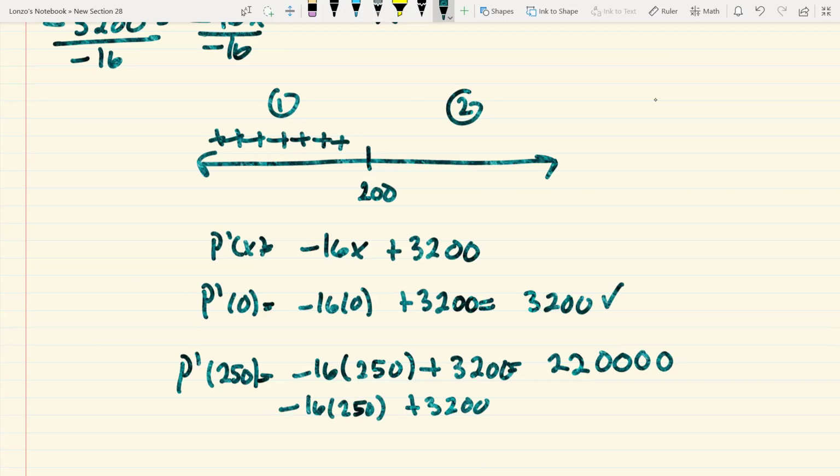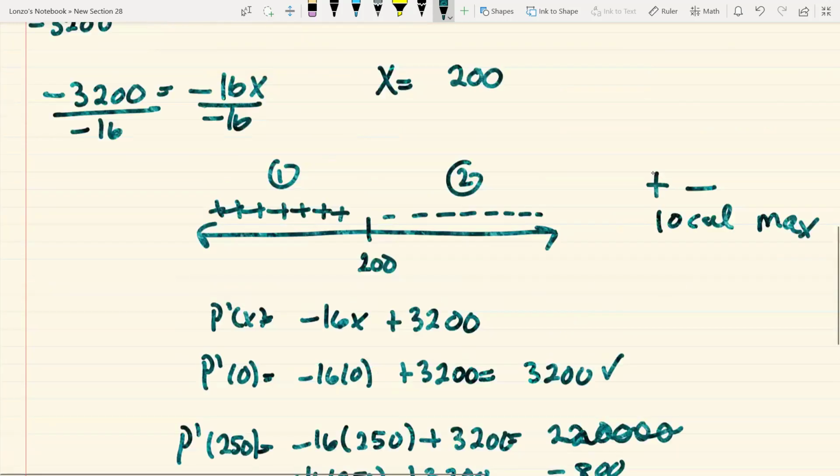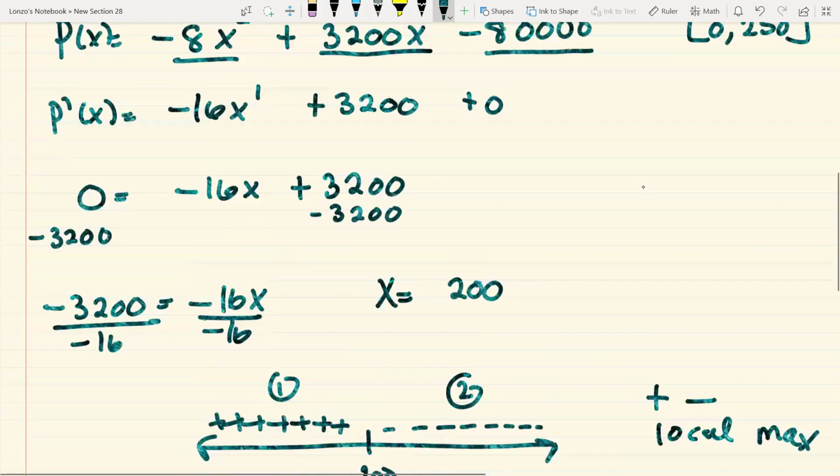There we go. You do not get all that, you get negative 800. So it's a minus. So if you look at your sign chart, we go from a positive to a minus, which just proves that this is a local max. Okay, so this proves that x equals 200 will give you a maximum.